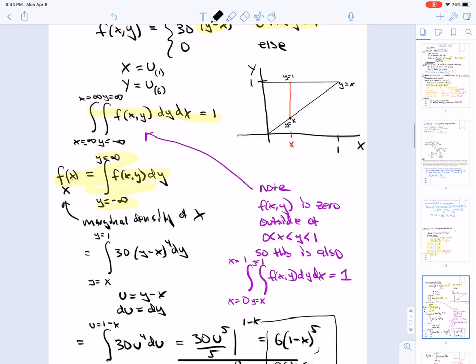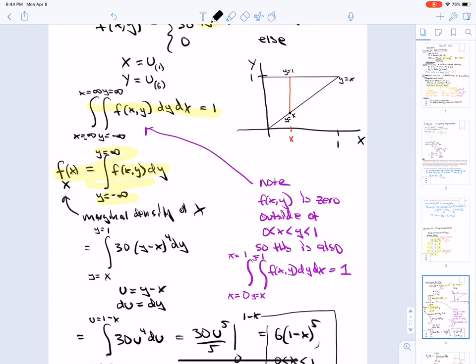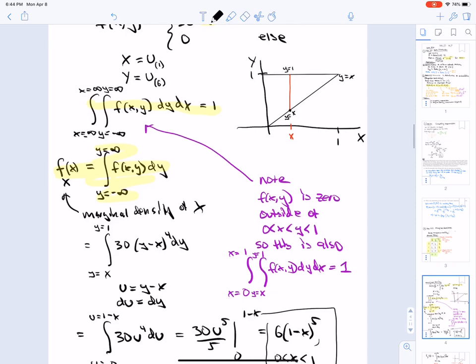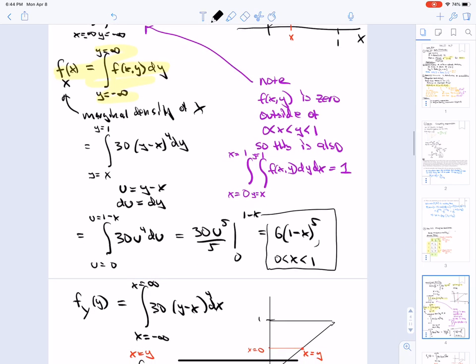Furthermore, the marginal density is this inside integral. It is the integral from y equals x to y equals 1 of 30(y minus x) to the 4th power, which you can solve by u substitution, and you get 6 times (1 minus x) to the 5th power for x between 0 and 1.